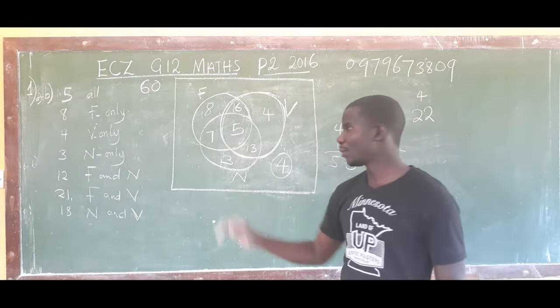If the first member that was picked was a boy, we have 4 over 10, multiplied by the second one is a girl. Girls are still at 6, but the total number has reduced to 9.